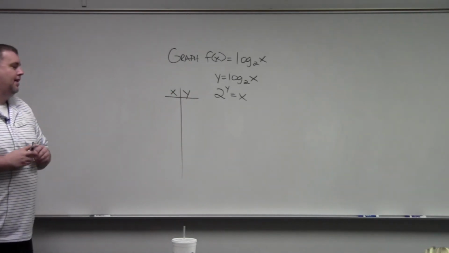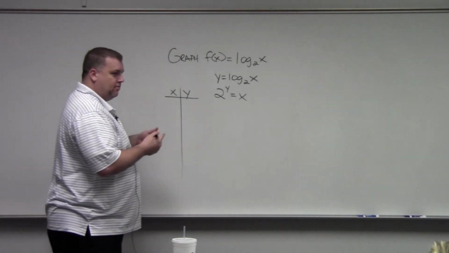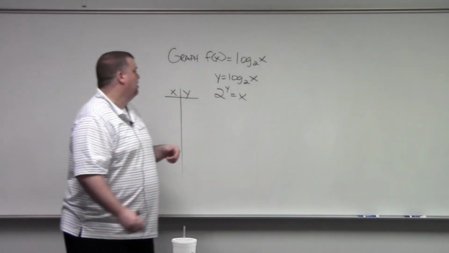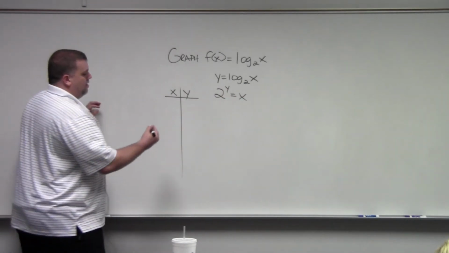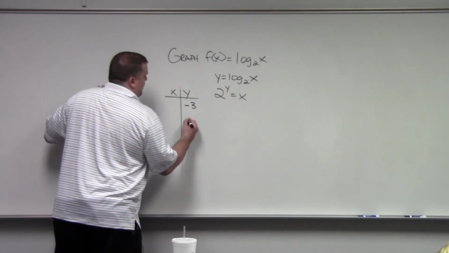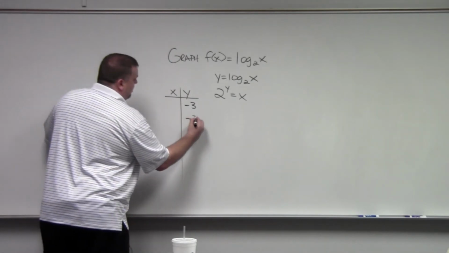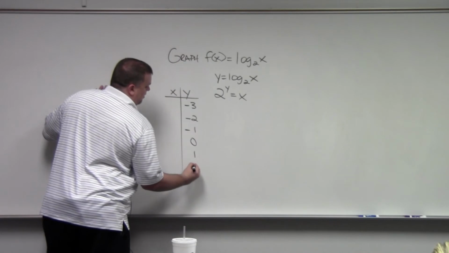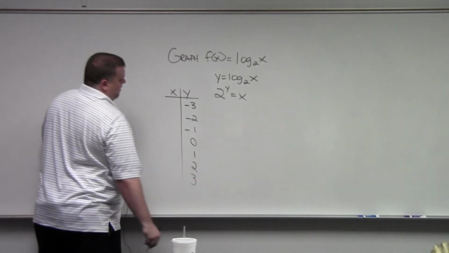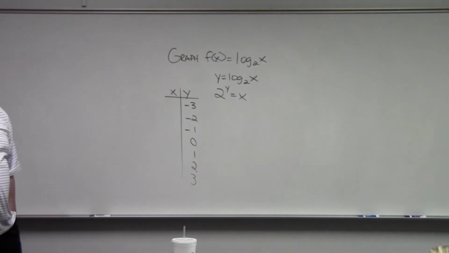So do you agree now that x depends on what y is? Because we can plug in something for y and get our answers for x. So instead of plugging that negative 3 to 3 in for x, as for exponentials, we're going to plug it in for y.